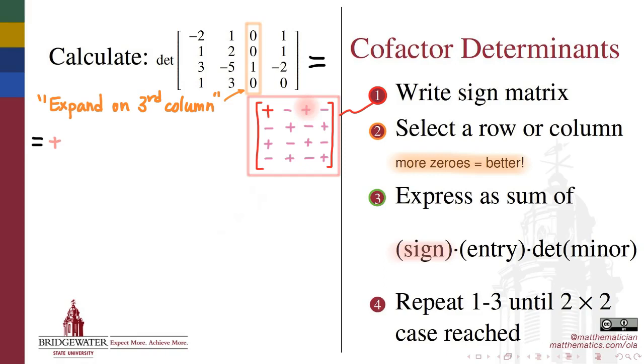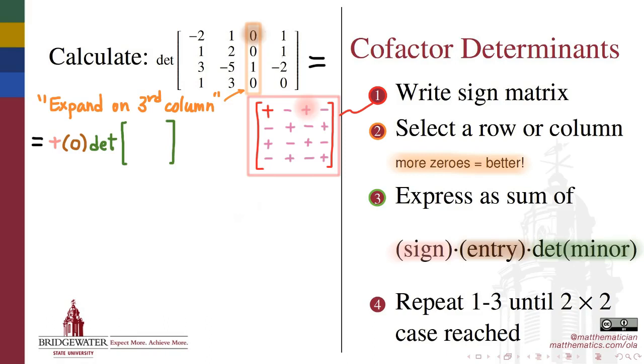The first entry at the top of my third column is this one right here. In the Sign Matrix, that entry is a plus, so I'll write down a plus sign. I'm then going to multiply that plus sign by the corresponding entry from my matrix, which in this example is a 0, and multiply that by the determinant of the minor, which is determined by this entry.